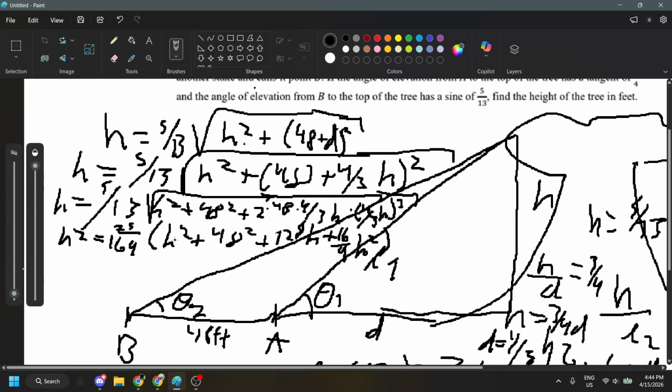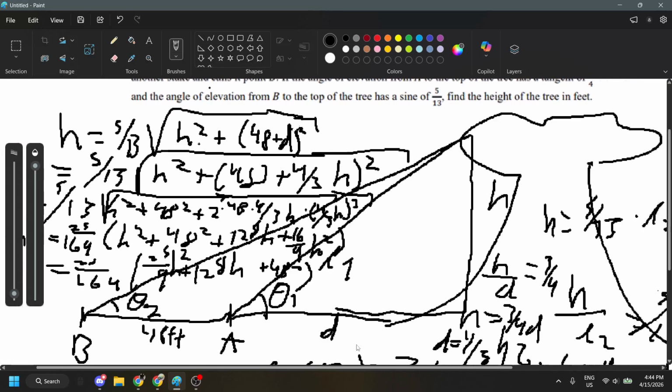So this gives us 25 over 169 times (25/9 plus 128 h) squared plus 48 squared.